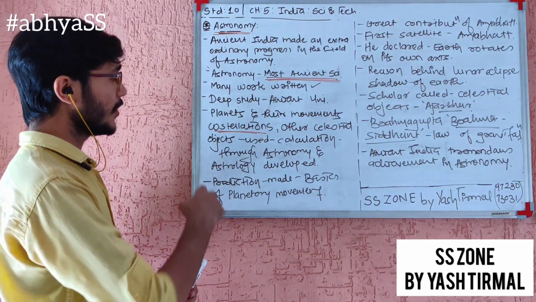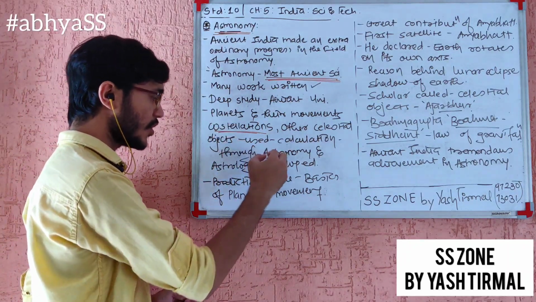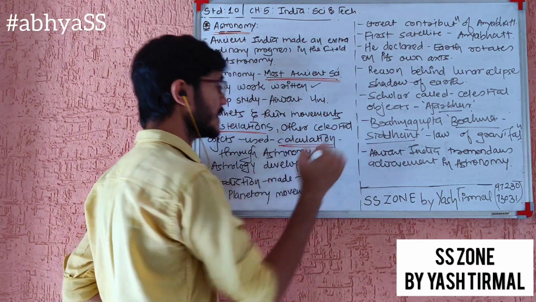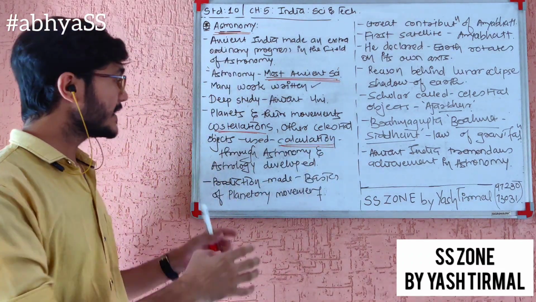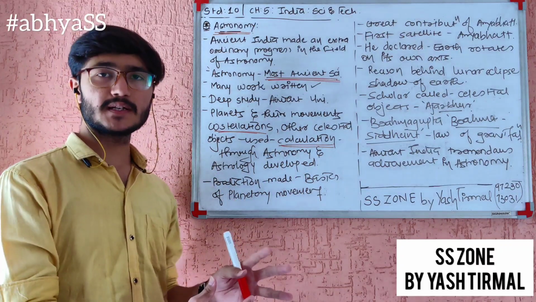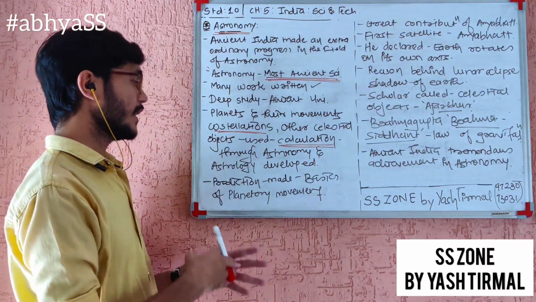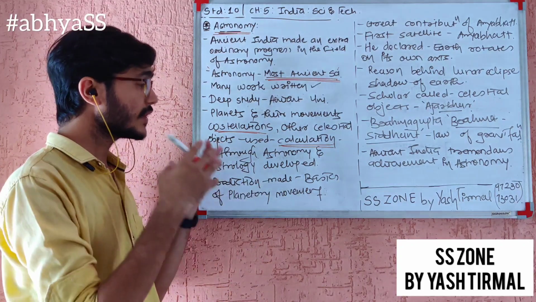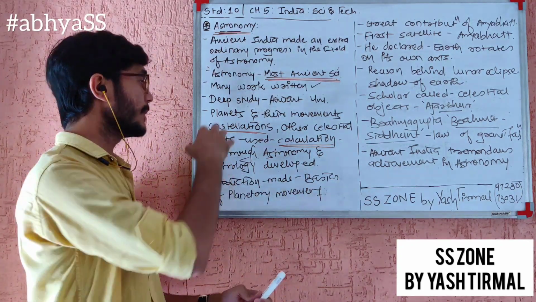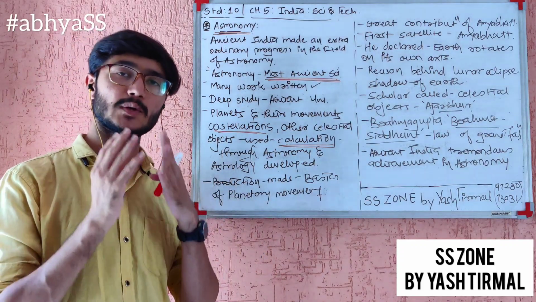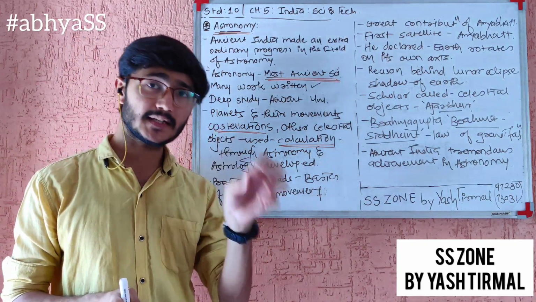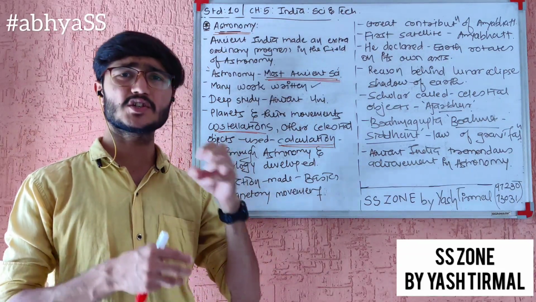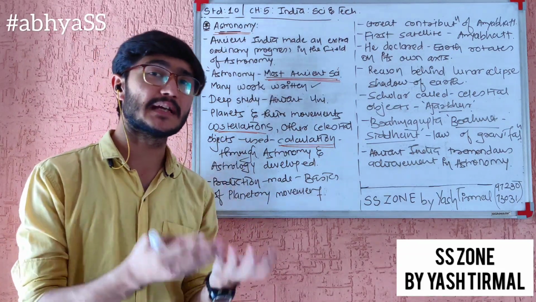With the help of astronomy and astrology, from the calculation of all the planetary movements, these celestial objects are used for the development of astronomy and astrology. Based on these planetary movements, the calculation has been done, and from that calculation one can predict which kind of thing is going to happen next.